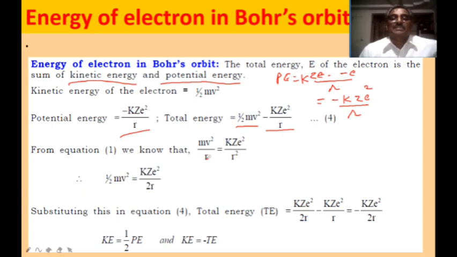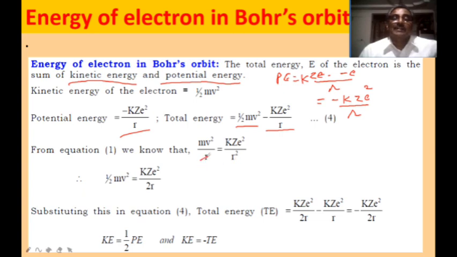From equation 1, we know that mv square by r is equal to kZe square by r square. How do you get this? The centrifugal force mv square by r is counterbalanced by the electrostatic force of attraction kZe square by r square. Their magnitudes are equal, so mv square by r is equal to kZe square by r square.